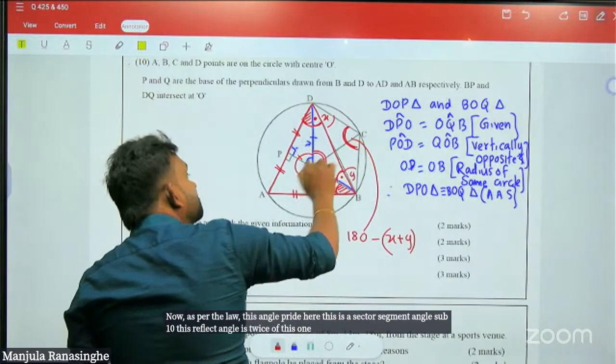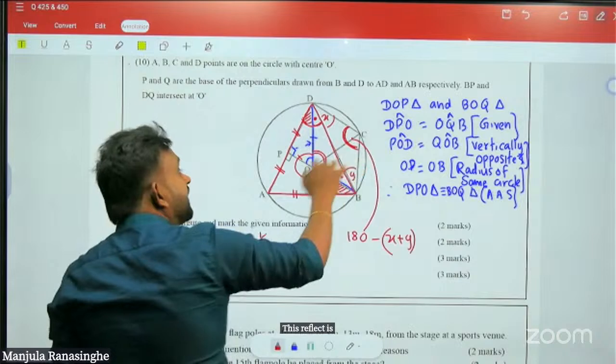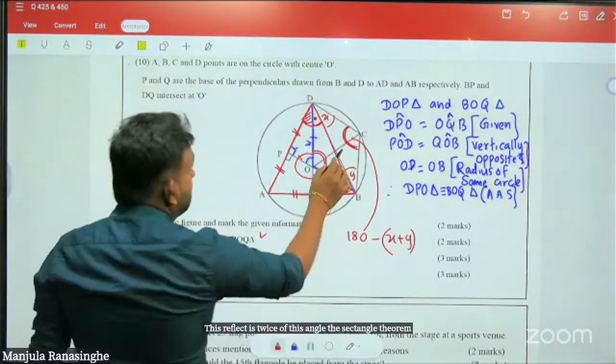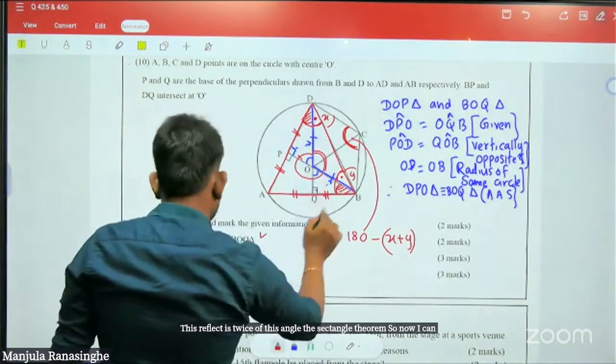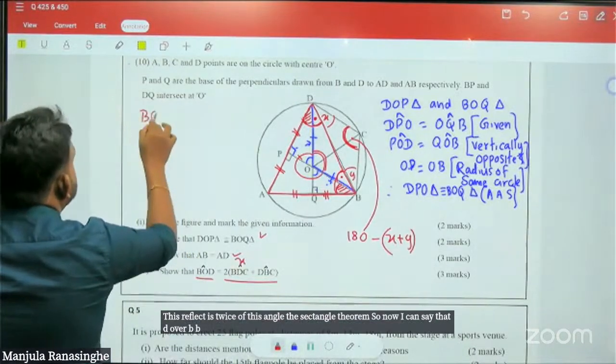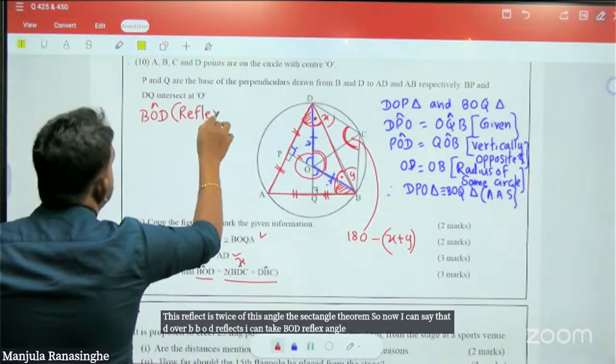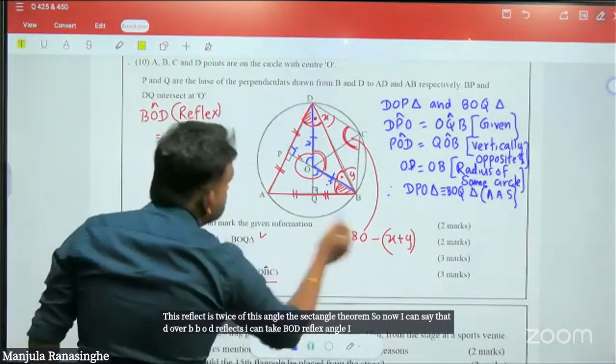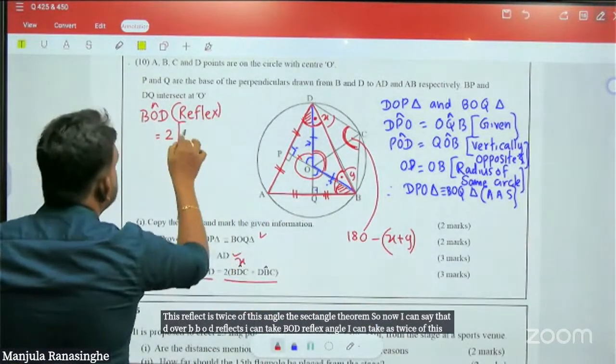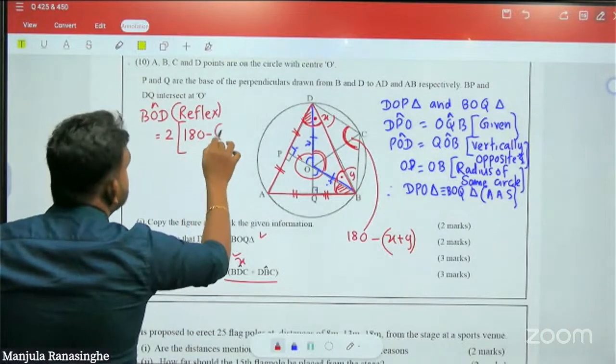This reflex is twice of this angle, the angle at the centre theorem. So now I can say that BOD reflex, I can take the BOD reflex angle as twice of this, 180 minus (X plus Y).